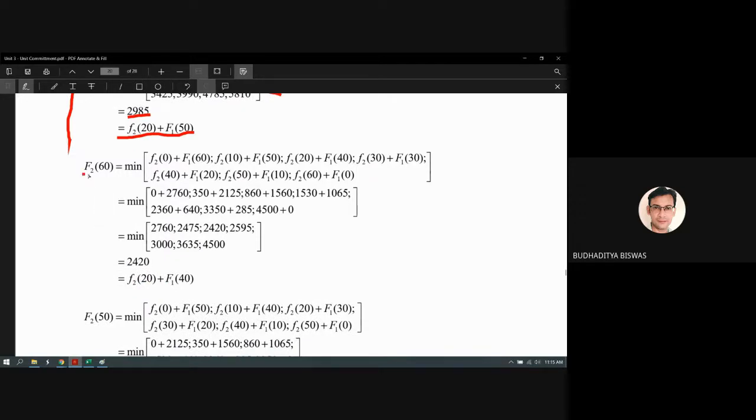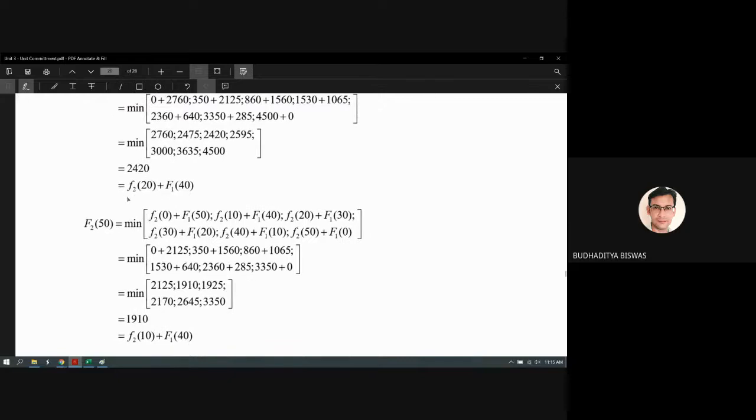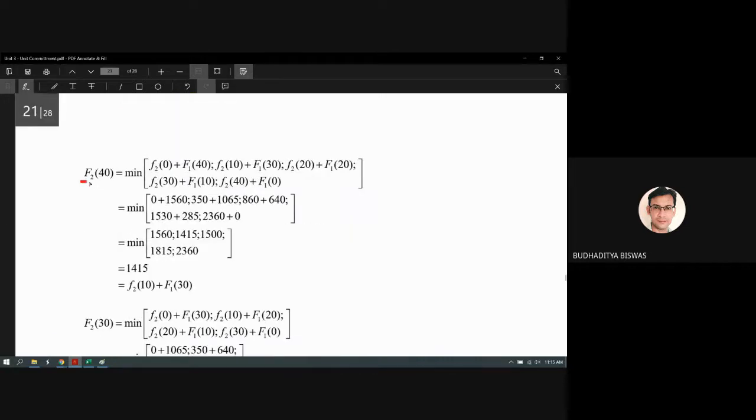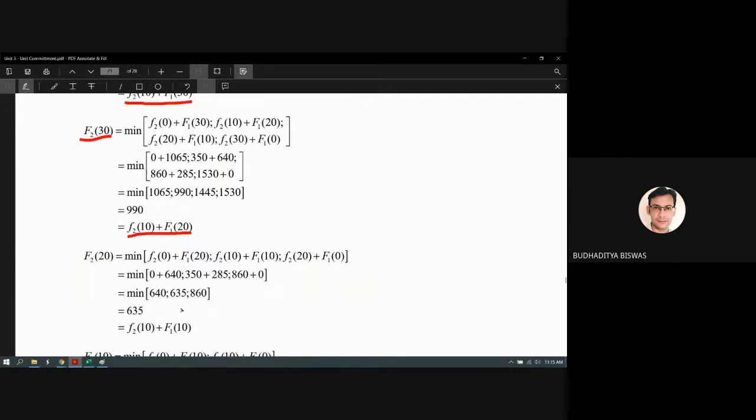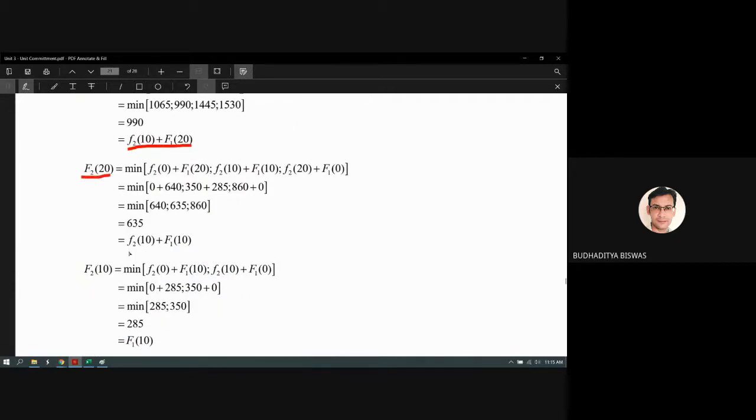So we need to find F260, and this is the condition. F250, this is the condition. F240 condition. F230 condition. F220 condition, and at last F210 condition.